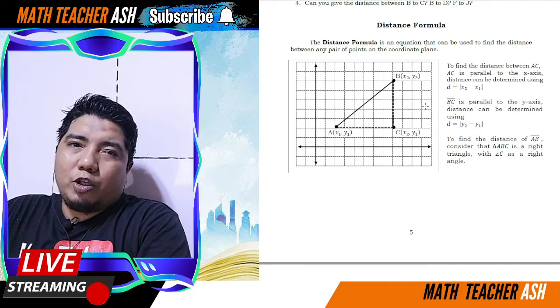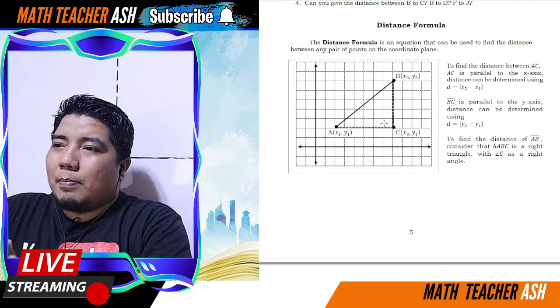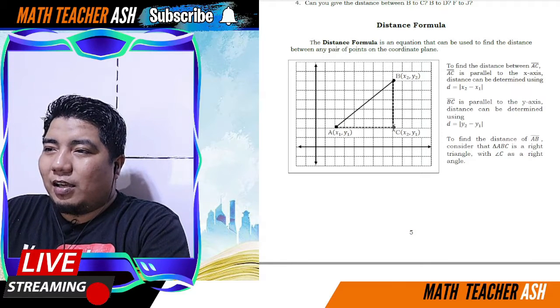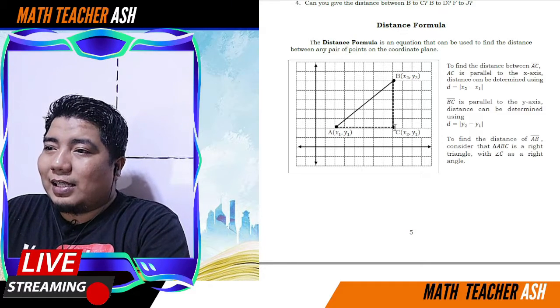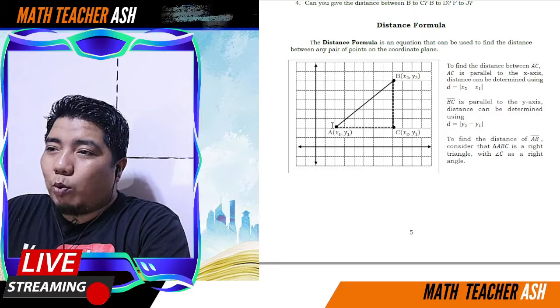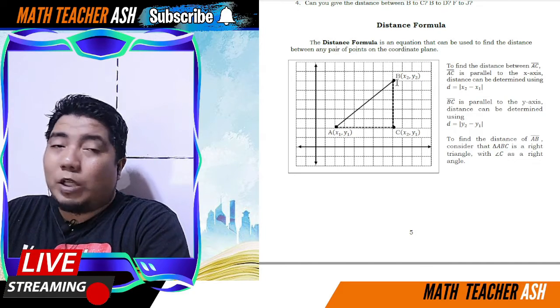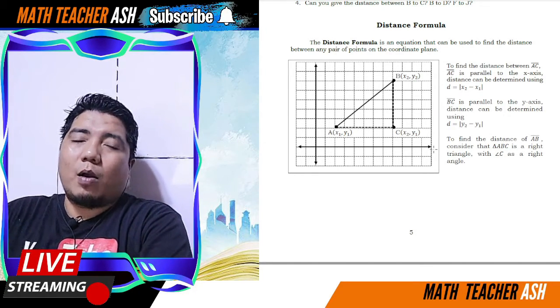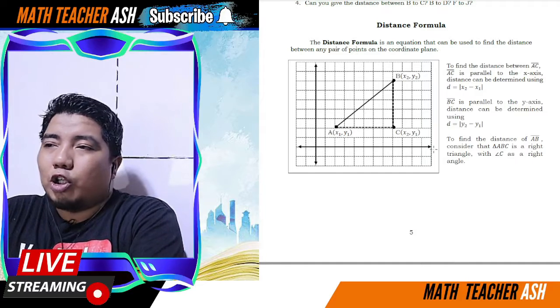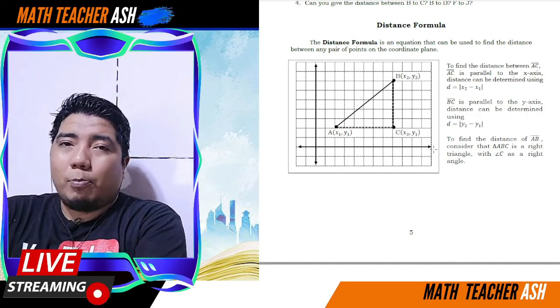So if ever you make a imaginary line for C, for point C, na kung saan si C is aligned with A and si C is aligned with B, technically makakagawa ka ng isang right triangle. Now, ano ba ang essence nito?